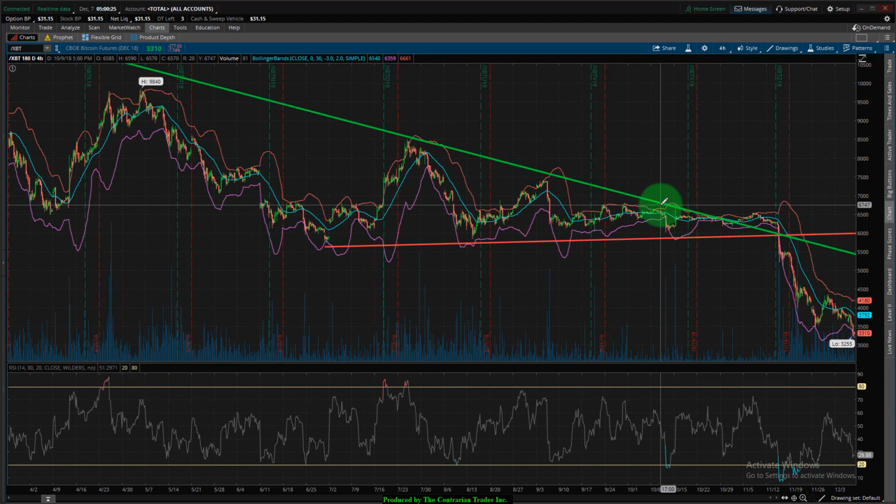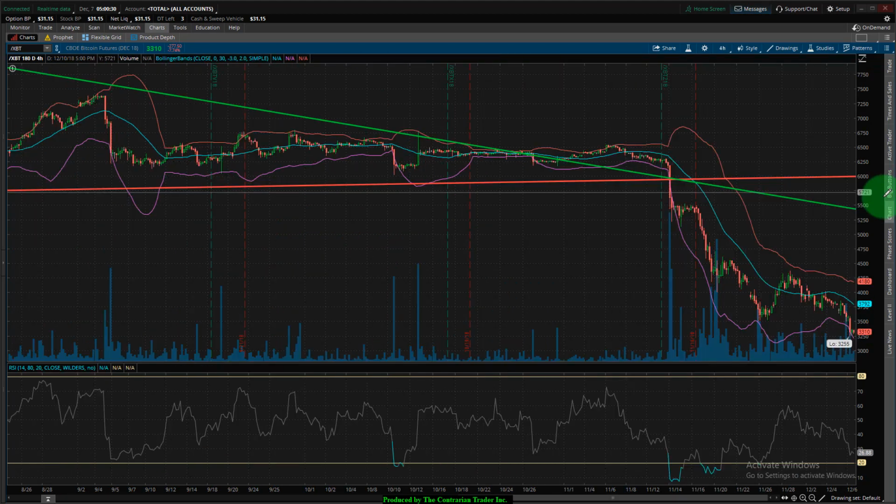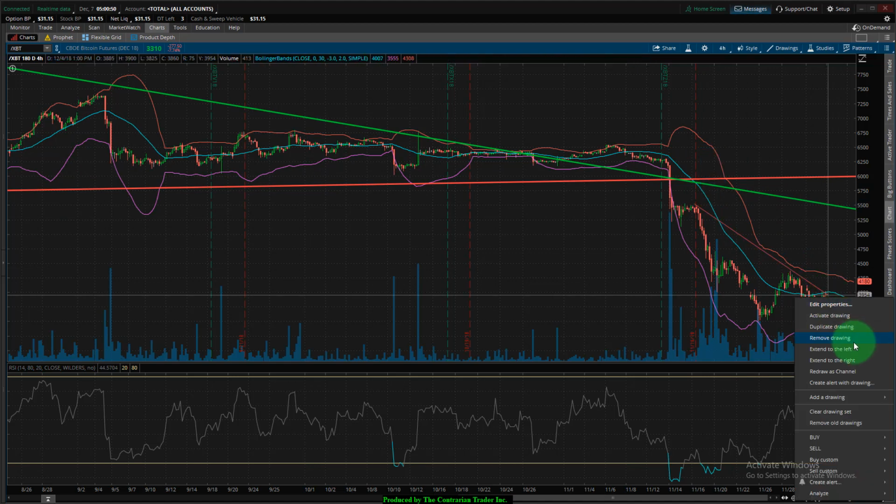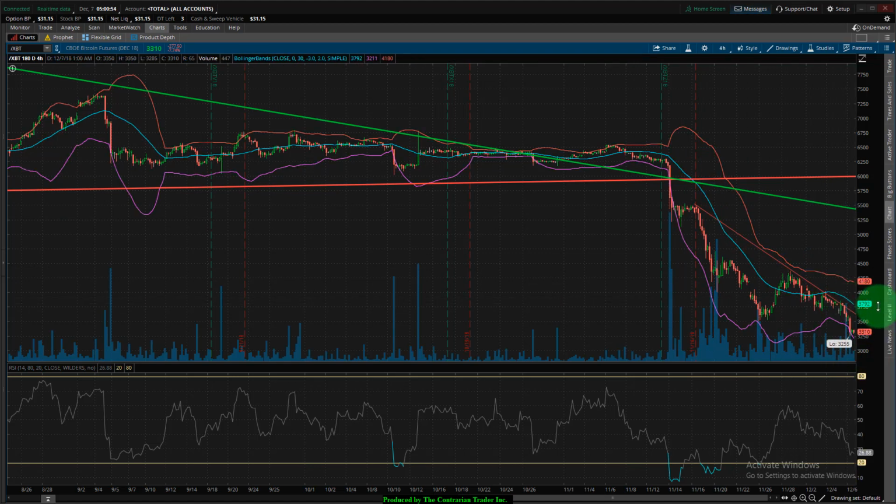So on a 4-hour basis, we are a bit extended to the downside here. We could go lower. Any rally could take us above this upper band of resistance. But to get to that point, we first need to get through resistance down here at, let's call it 3780. We'll round it up.